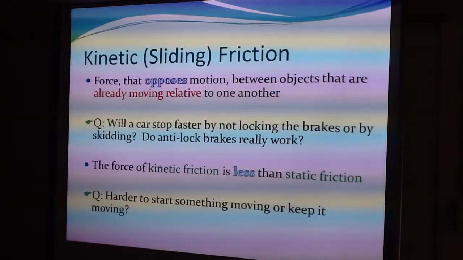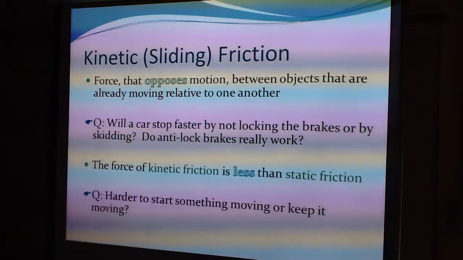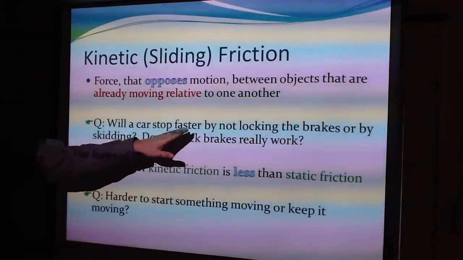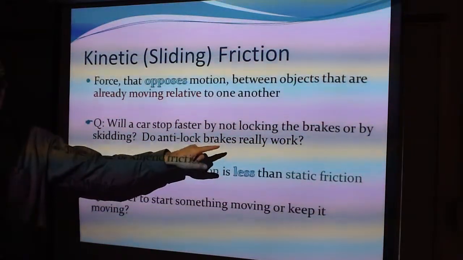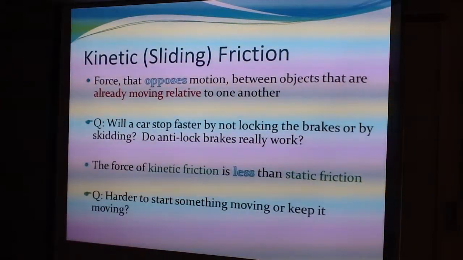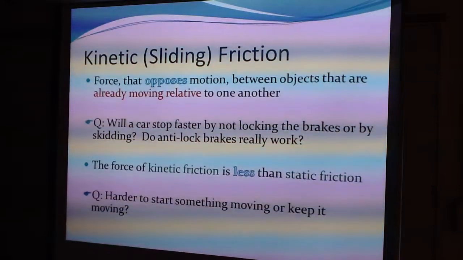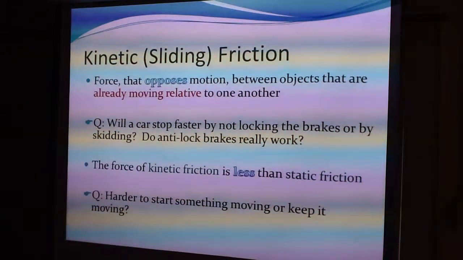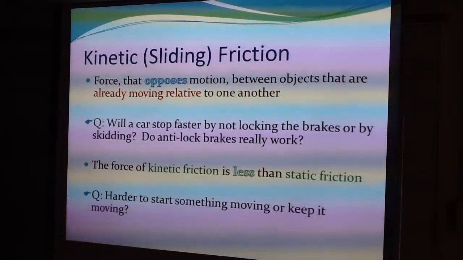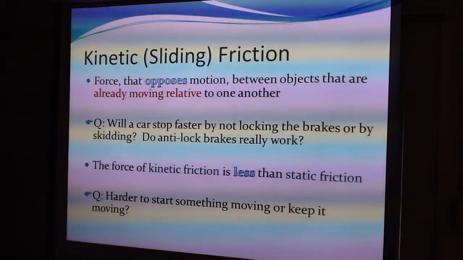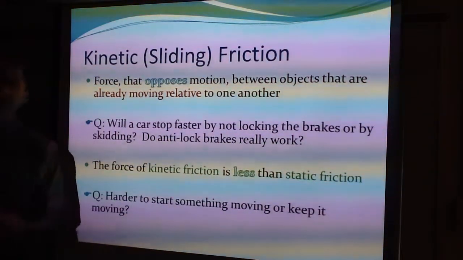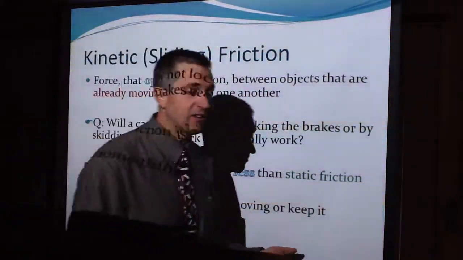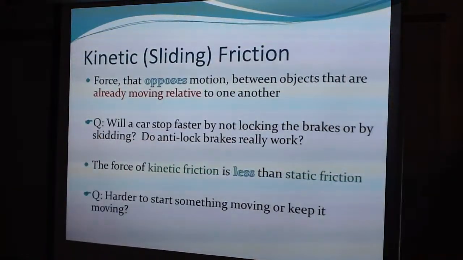Underneath that, I pose a question. Will a car stop faster by not locking the brakes or by skidding? What I mean by this question is, any more modern car, from the early 90s all the way up to a current car, has something standard called anti-lock brakes.